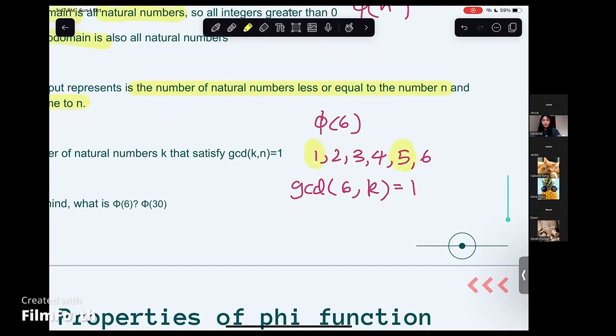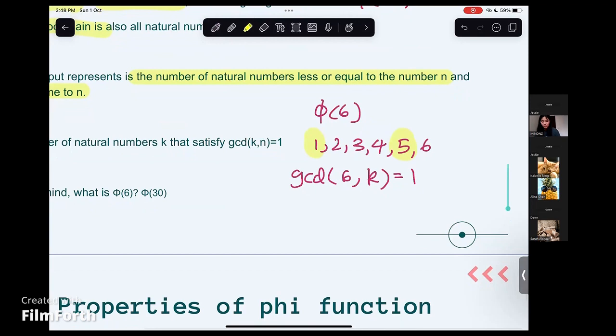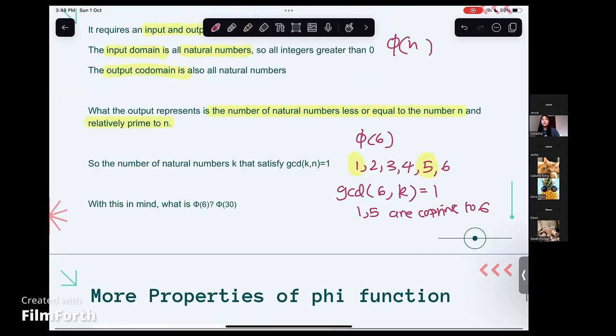Because 2 and 6 have a common factor of 2, 6 and 3 have a common factor of 3, 4 and 6 have a common factor of 2, and 6 and 6 have a common factor of 6. So only 1 and 5 satisfy being coprime, right? So 1 and 5 are coprime. Okay, now with that in mind, how many numbers are coprime to 6? How many are there?